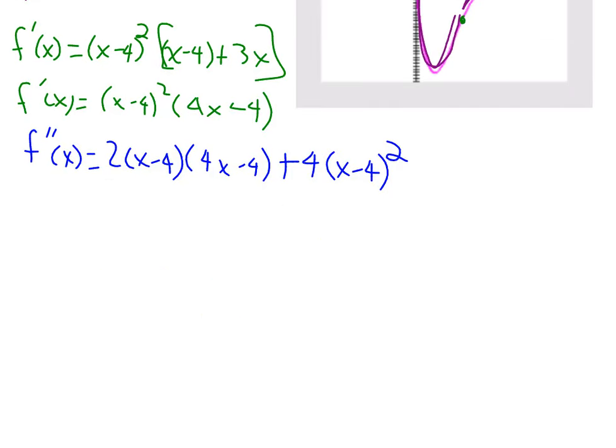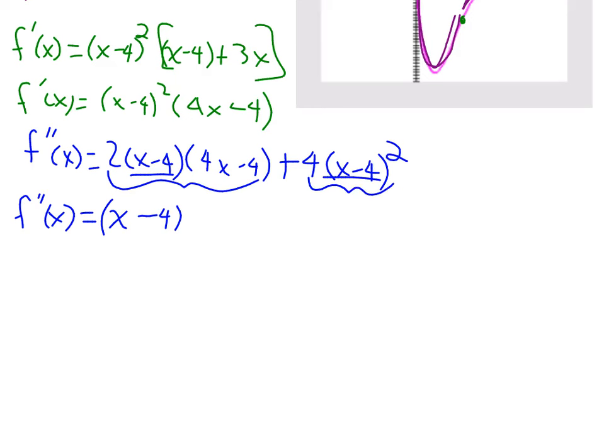Let's see what I can do here. I think again I can factor out an x minus 4 from the two terms. So if I take out an x minus 4 from this term here and this term here, I would be left with 2 quantity 4x minus 4 plus 4 quantity x minus 4.